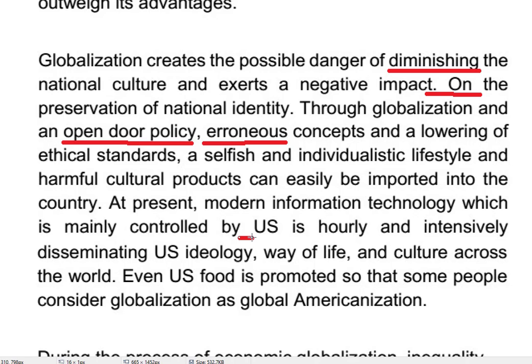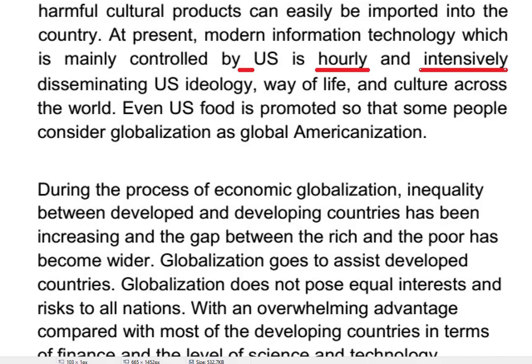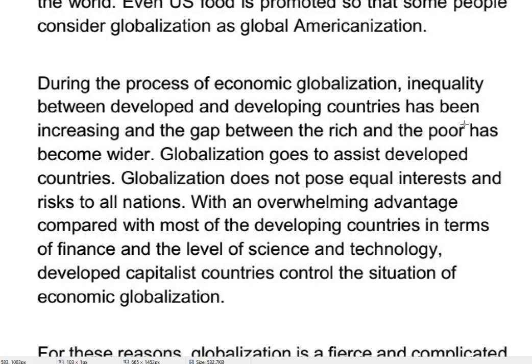Hourly. I think maybe constantly. Is that what the writer is trying to say? Constantly and intensively disseminating US ideology. I don't know why hourly is used here. Maybe they mean constantly. Global Americanization. I do like this word.